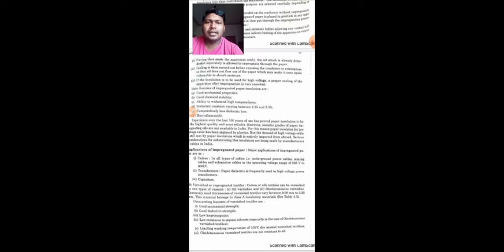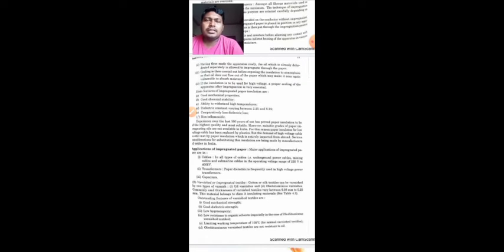Now, what are the applications of impregnated paper? We will understand. The major application is in cables. Students, in underground cables also, you will find it has a major application. In all types of cables like underground power cables, mining cables, and submarine cables, with operating voltage ranging from 220 volt to 400 kilovolt.